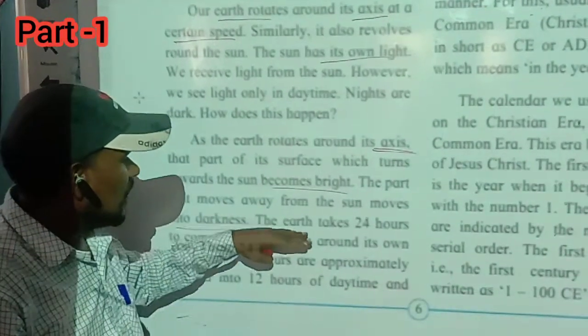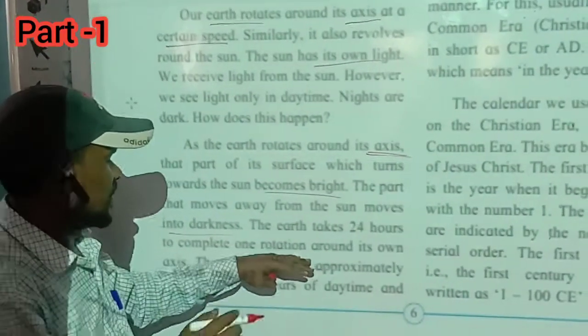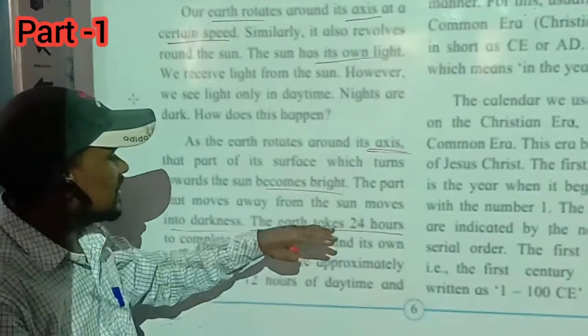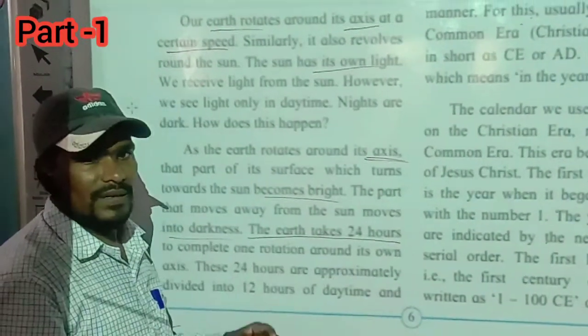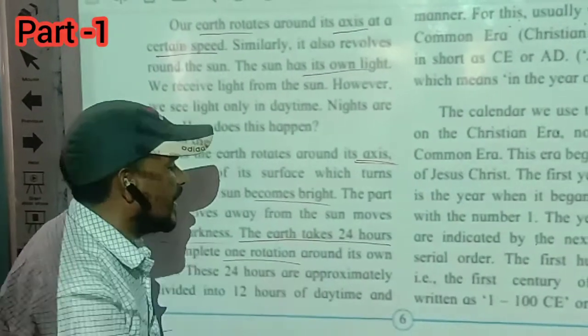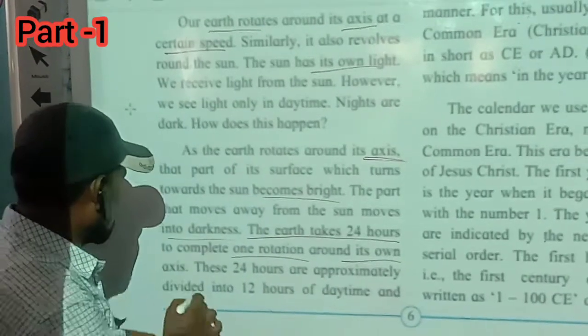The earth takes 24 hours to complete one rotation on its own axis.